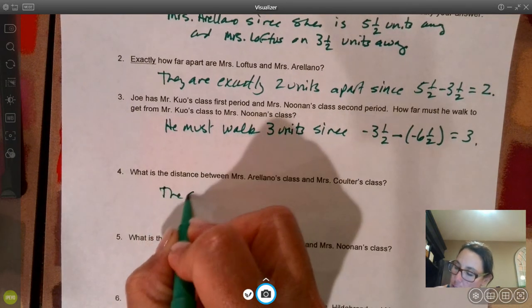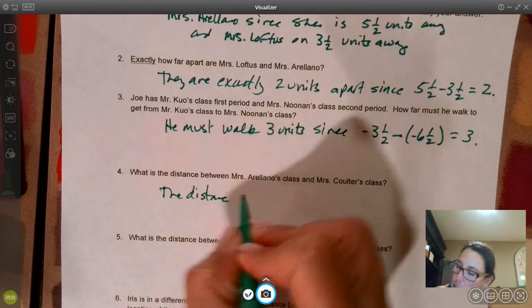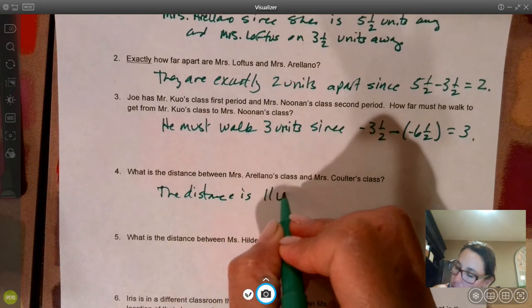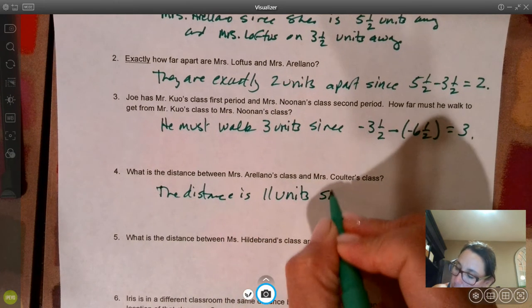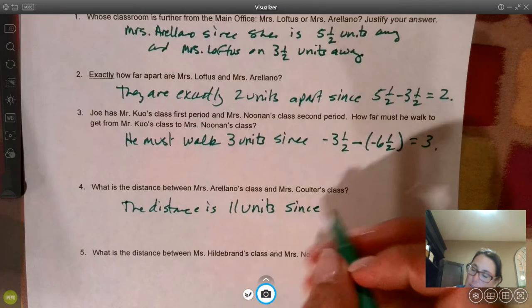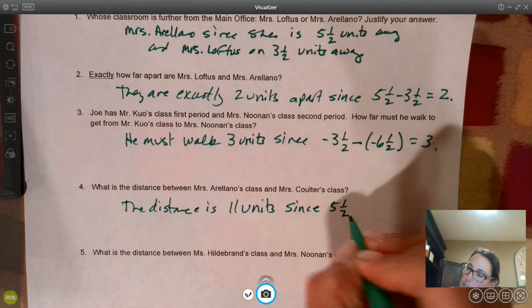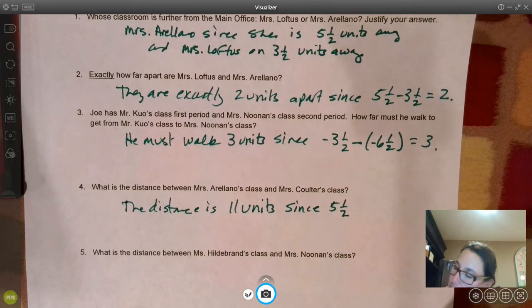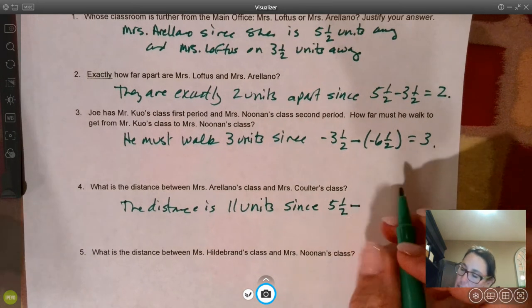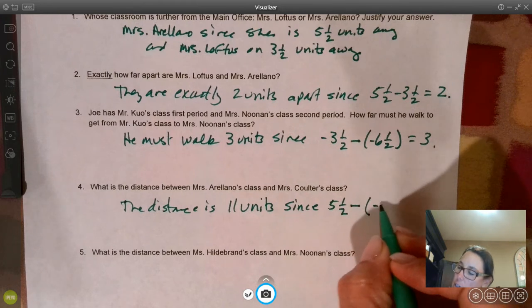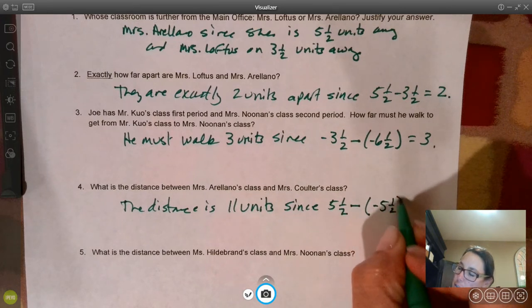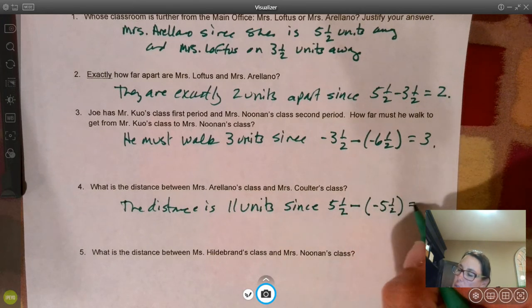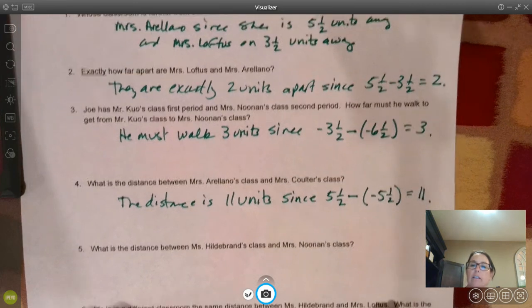The distance is 11 units, and my reason, since I'm going to take 5.5 for Ariano, and I'm going to find the difference between Coulter's negative 5.5. That would make 11 units.